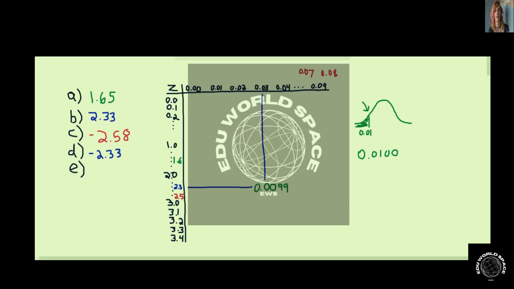Again, when you look at the first half of the chart, these will actually show you the negative values down here and up here. All right. So that is part D.